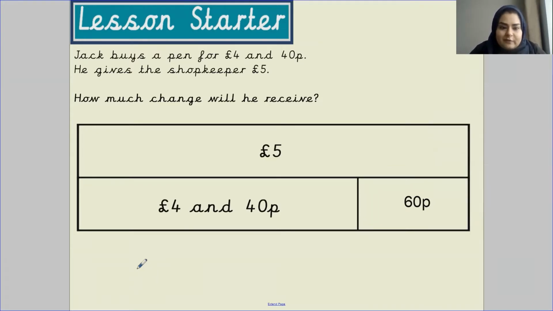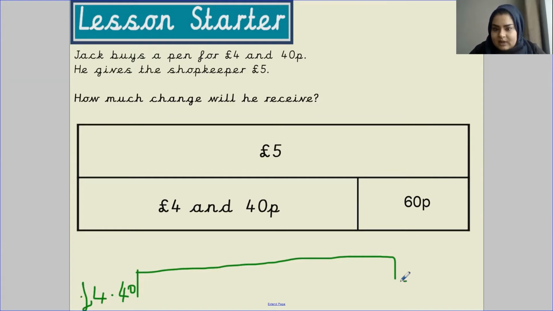So if I've got £4.40p, and he gave them £5. I need to get to £5. So that's my next whole pound number.